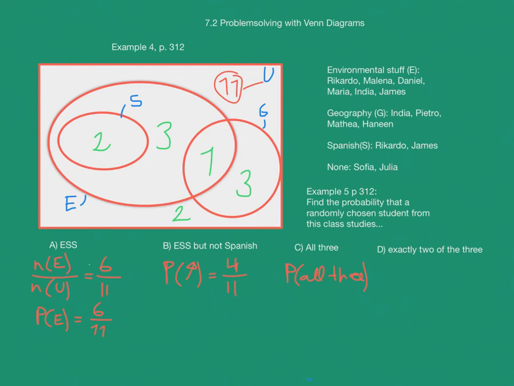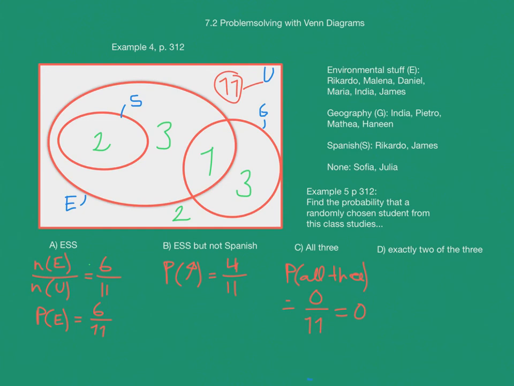So the probability of a random student studying all 3 equals 0. There are 0 students who study all 3, and we divide that by the number in the universal set. So the probability is 0 because there aren't any students.